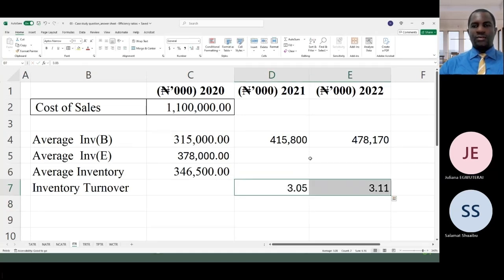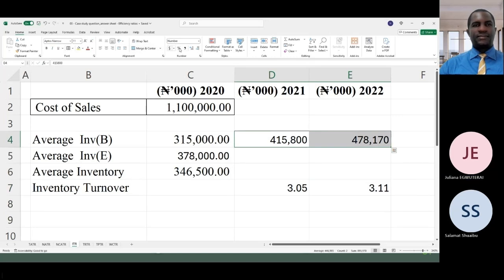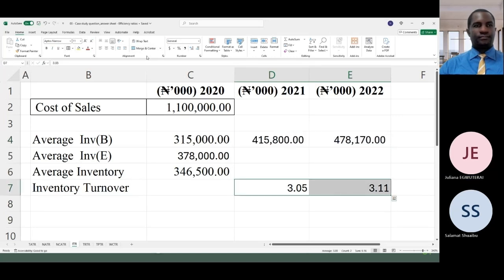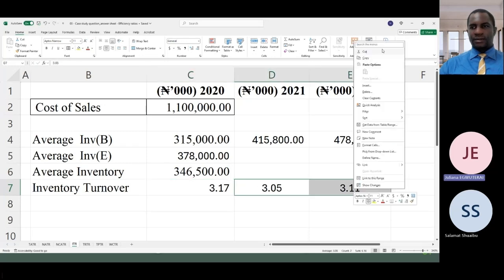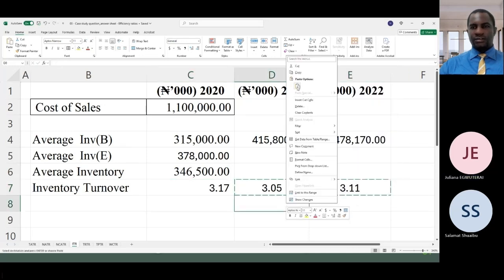Do you have the same figure, Salmat? Yes, sir, we have the same figure. Okay, fantastic. So let me get my first figure. This divided by this. I have 3.17.